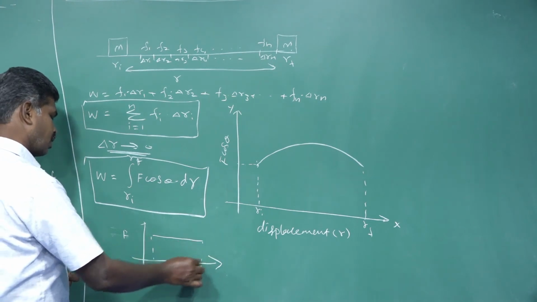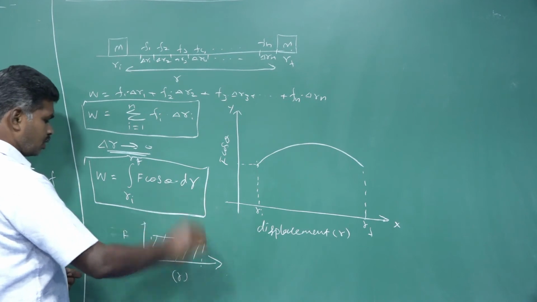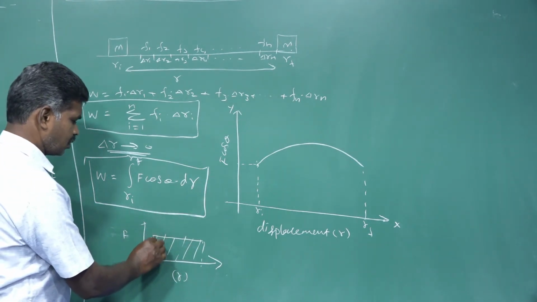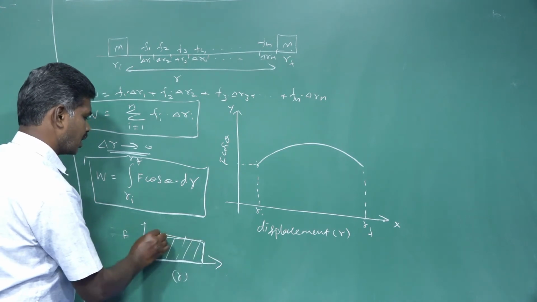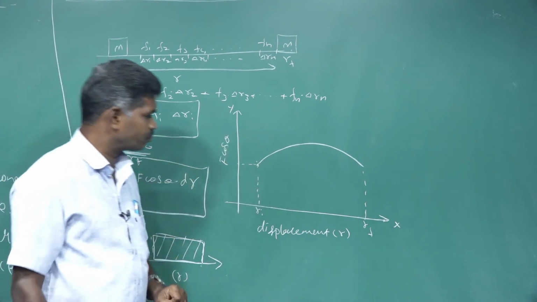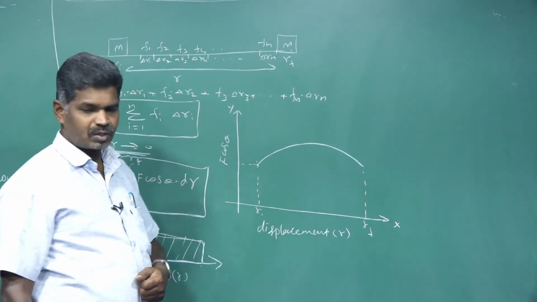Then this area is calculated for the work done by the constant force. We can easily find this area because it is a rectangular shape. But here it is not a uniform shape.